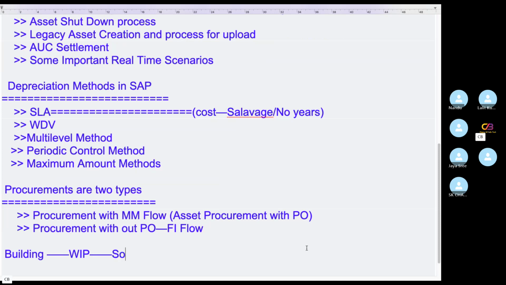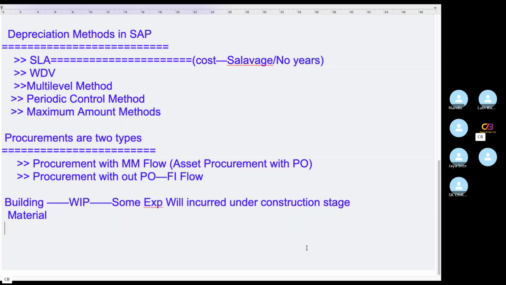Some expenditure will be incurred: material cost, labor cost, overheads.